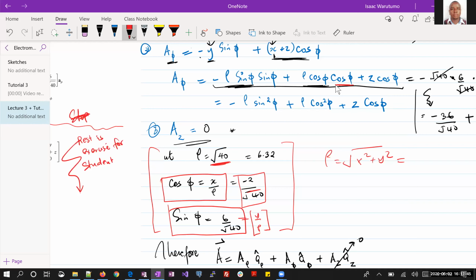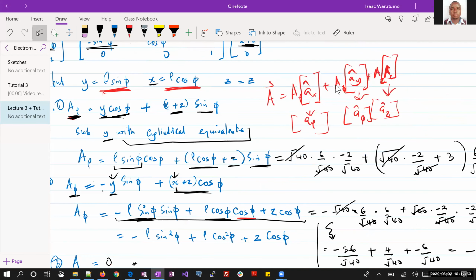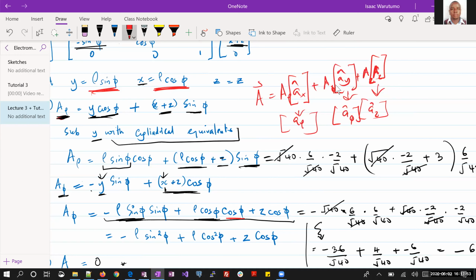Why we are doing that is to ease the work for us, because now we just come here and say my A rho is equal to rho, which is root 40, sine phi is equal to 6 over root 40, and cos phi is equal to negative 2 over root 40, plus rho again, which is root 40, cos phi, which is negative 2 over root 40, plus z.